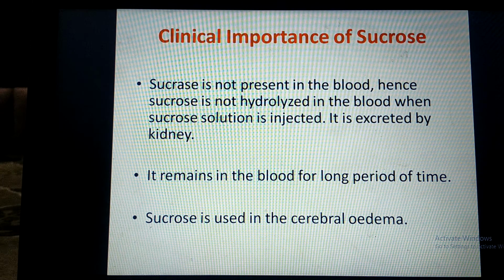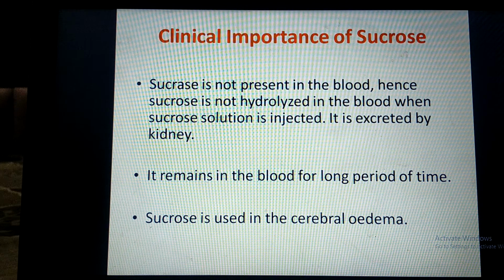Therefore, it will remain in the blood for a long period of time until it is filtered by the kidney. Due to the presence of sucrose in the blood, it increases the osmolarity of the blood. And when the osmolarity of the blood increases, it will absorb fluid from the surrounding tissues. So this property is used in treatment of cerebral edema.